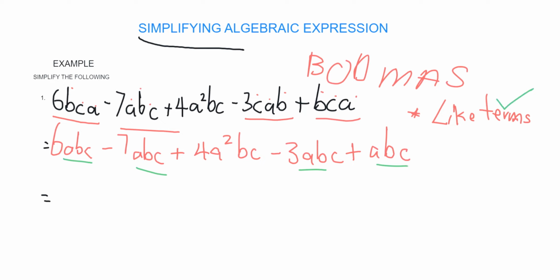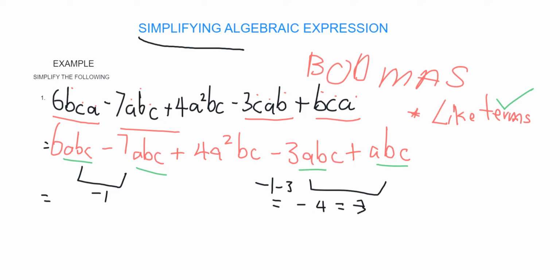Then plus 1 ABC, so -4 plus 1 is going to be -3.